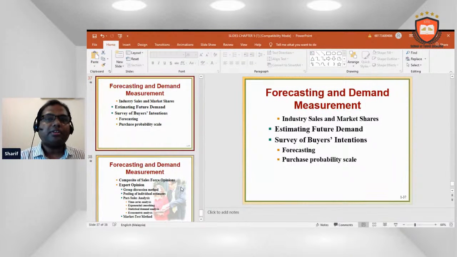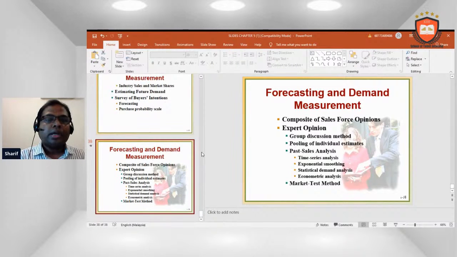In forecasting and demand development, we have industry sales and market shares, estimating future demand, survey of buyer intention, forecasting purchasing probability scales. And in forecasting and demand measure, composite of the sales force opinions. If we have the composite of the sales force opinion, expert opinion, group discussion methods, pooling of individual estimates, past sales analysis, time series analysis, exponential smoothing, statistical demand analysis, economic analysis.